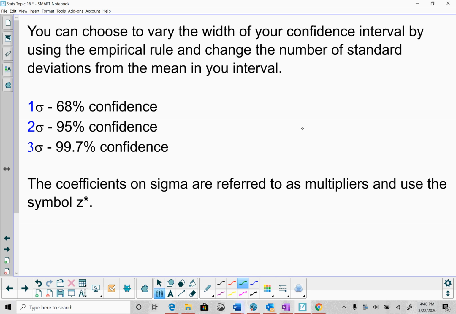If we want to go two standard deviations, we can say that's 95% confident that we've captured the number that we want in this range. We go three standard deviations, 99.7.